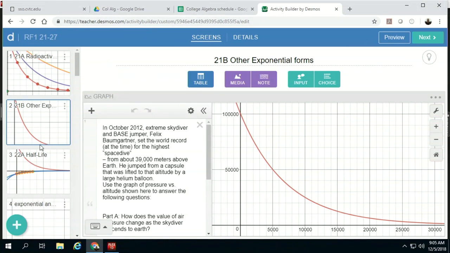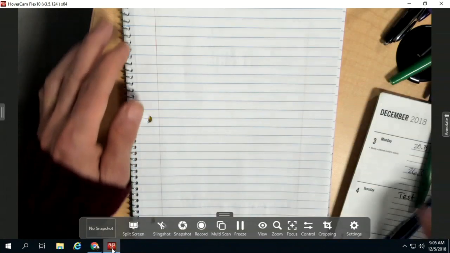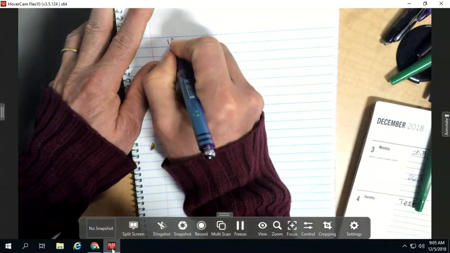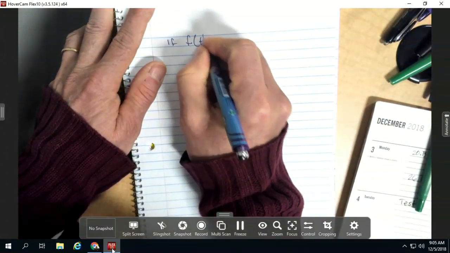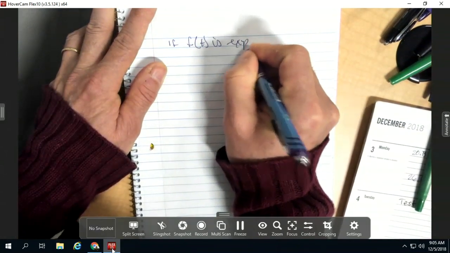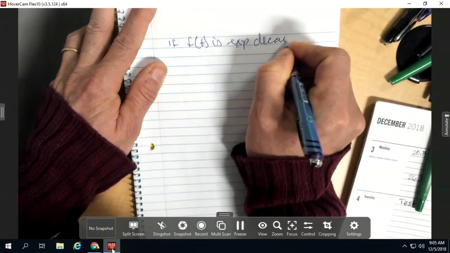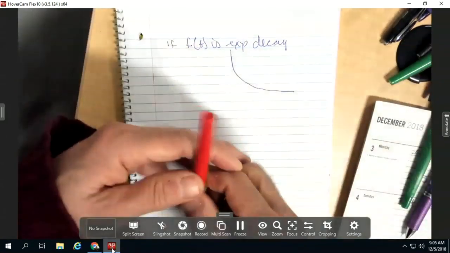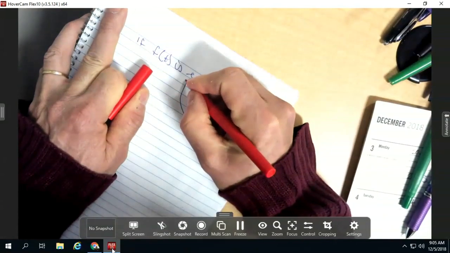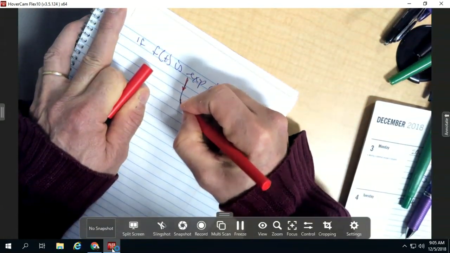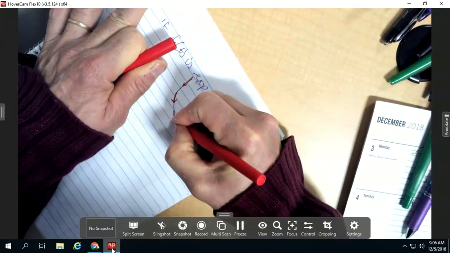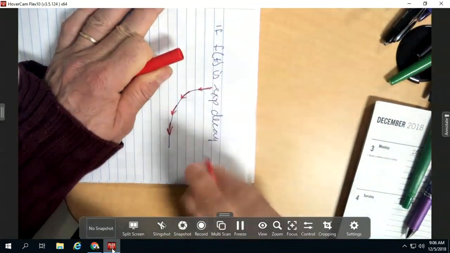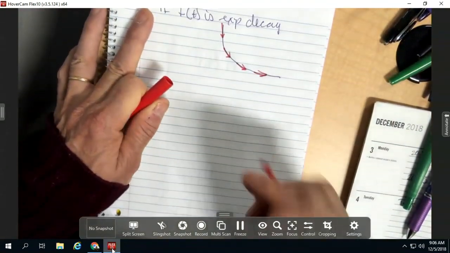Anyway, you can see that the decay function, so if f of t is exponential decay, recall that our slope started really negative, got less negative, got less negative, got less negative, until it was close to 0, correct?